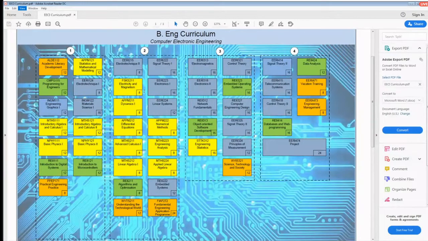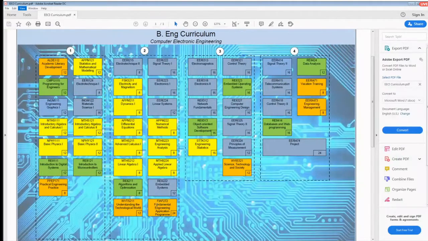Then the second year, we start with electrotechnique follow-up, and signal electricity and magnetism, dynamics, differential equations, advanced calculus, linear algebra, algorithms and optimization, understanding the technological world, which is more, oh sorry, the orange parts, that's more like management, projects, and philosophy.